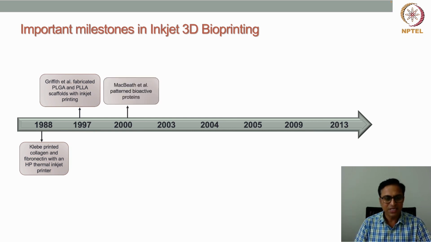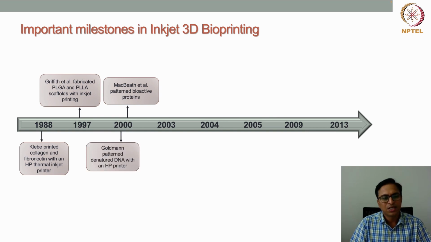Then in 2000, Macbeth et al. used inkjet printing technology for patterning bioactive proteins, and they found that proteins can be patterned on a 2D structure using this technology. With this success, later in 2000, the same year, Goldman patterned biomolecules like denatured DNA with an HP inkjet printer.